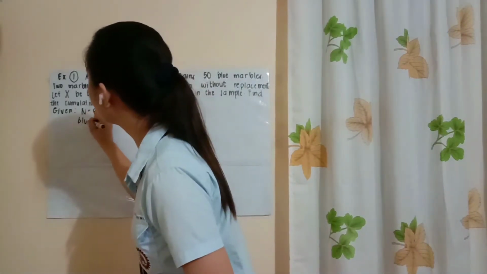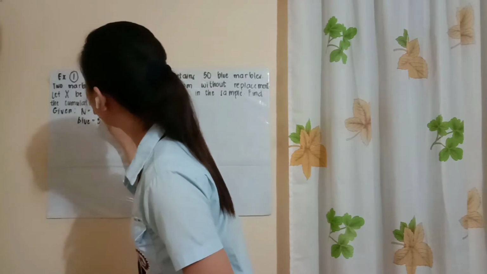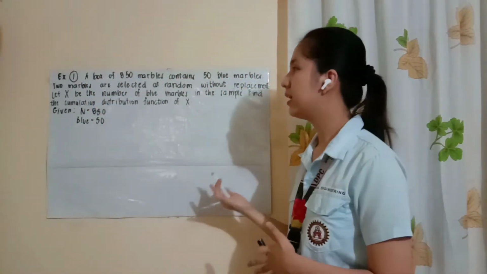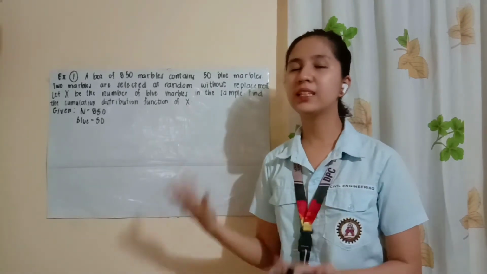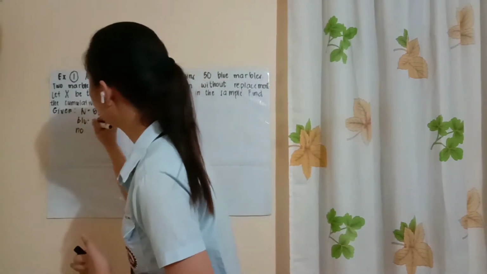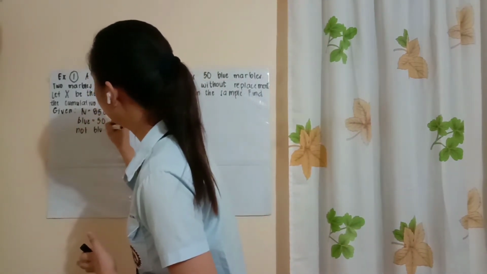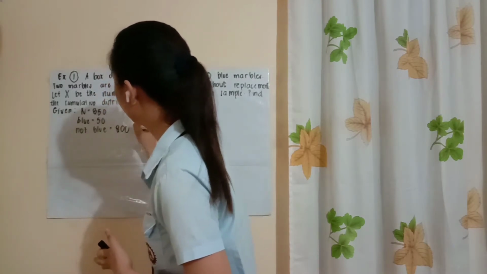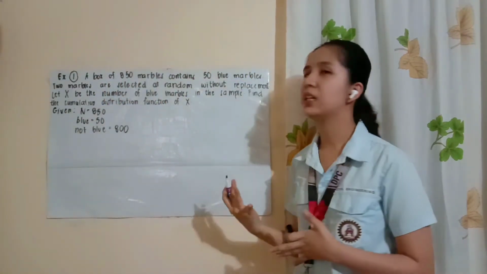So lagay lang natin blue is equals to 50. Then kung ang blue natin ay 50, so automatically, ang magiging matitira ay 800 na lang. And i-label natin yon as not blue. So, yan na yung magiging given natin.